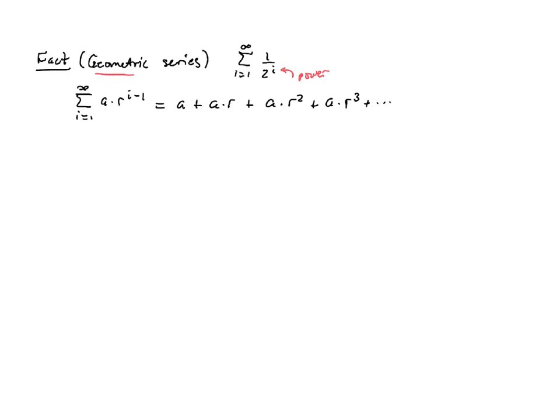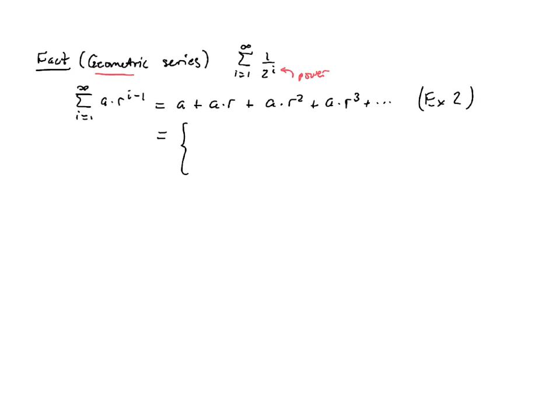And the book goes on to explain in example 2 that we know exactly when these types of series converge and diverge.